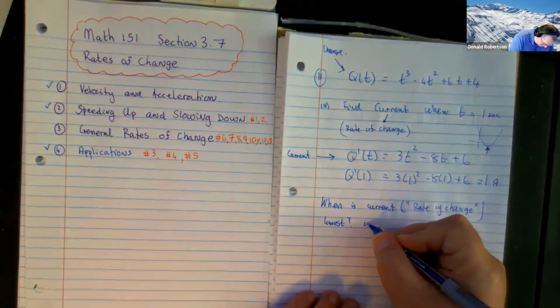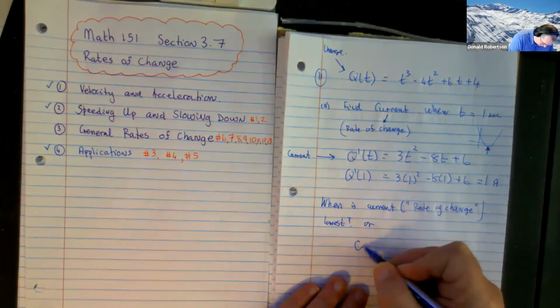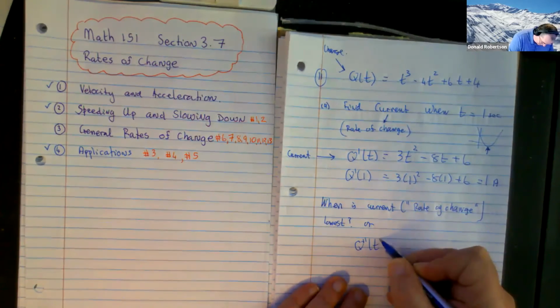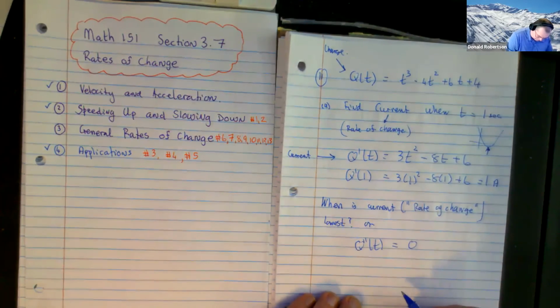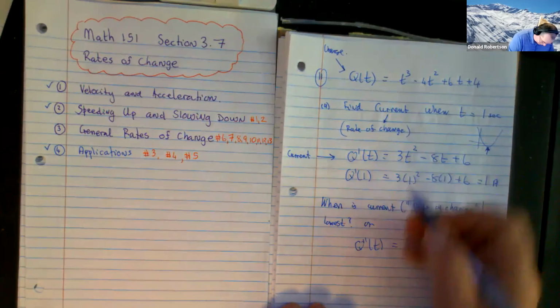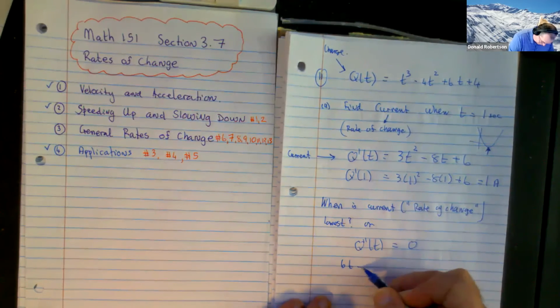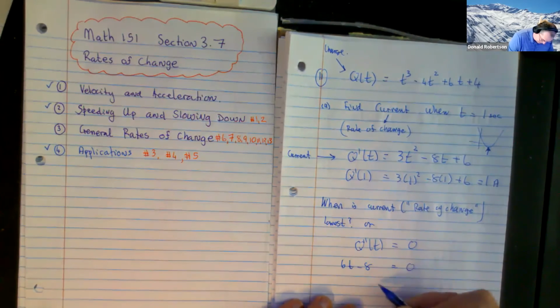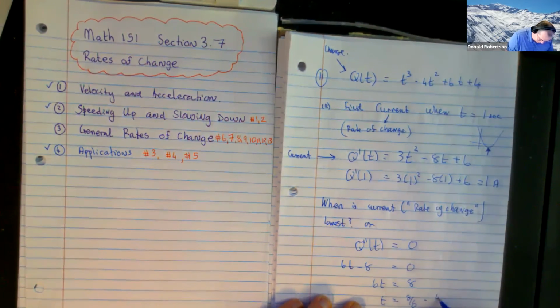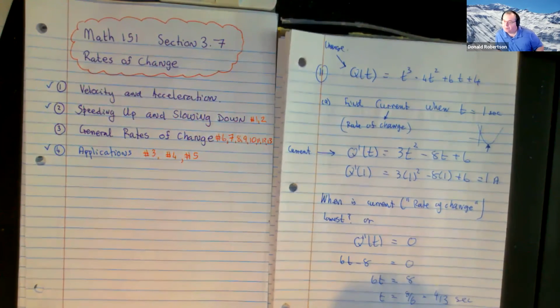Or I could do this. Couldn't I find out when that guy is 0? Well, if you differentiate this guy, you get 6t take away 8. And if you solve for t, the answer is 4/3 of a second.